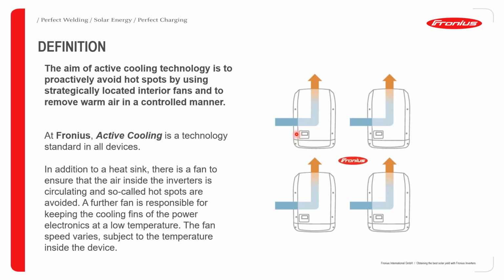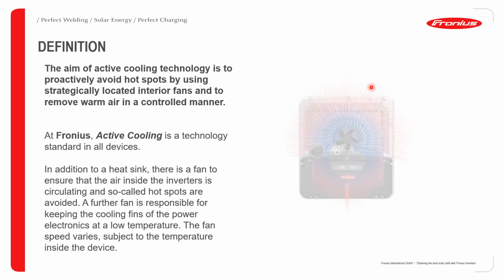As far as Fronius inverters are concerned, as we can see from the schematic or the illustration to the right, our inverters are taking air from the sides, and especially the Snap inverters, and the hot air is escaping at the top of the inverter. That also conforms to what we know normally, that hot air is lighter than cold air, and therefore moving the air out from the top of the inverter is a very good working principle.